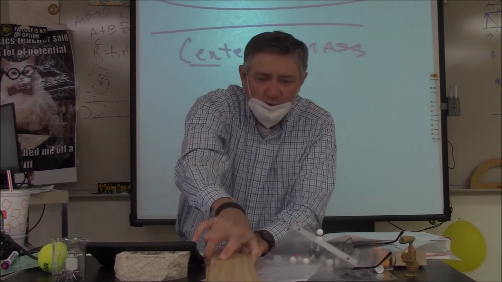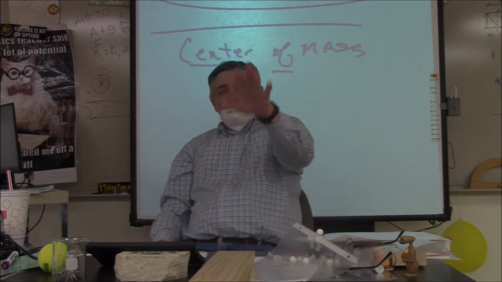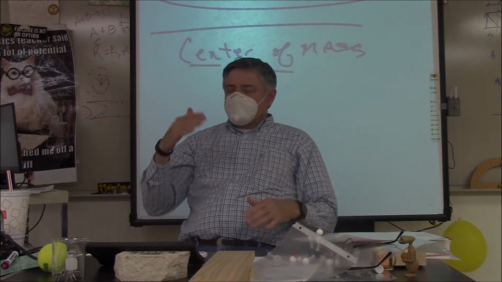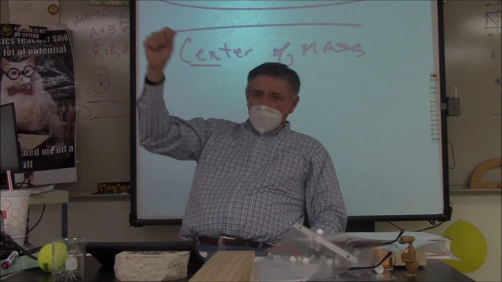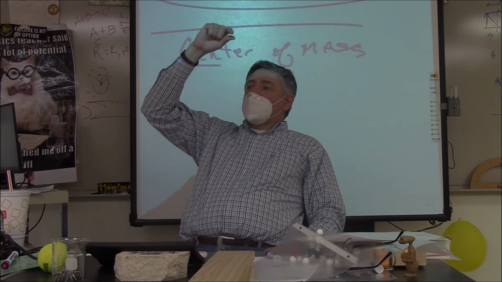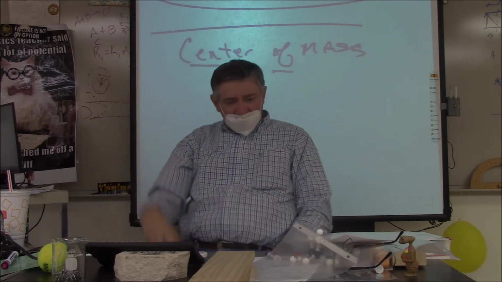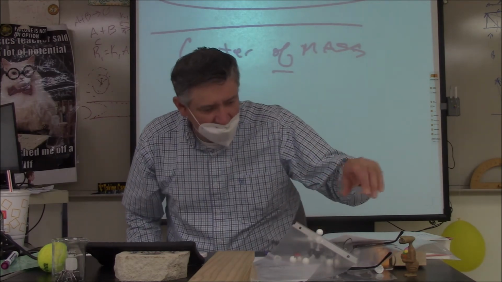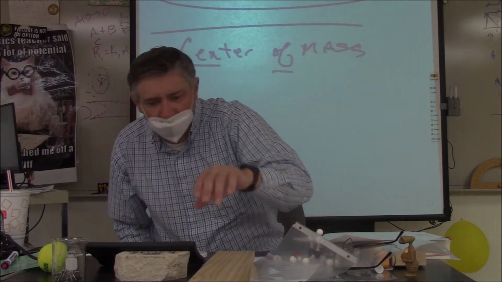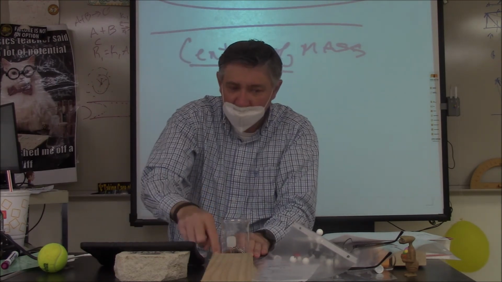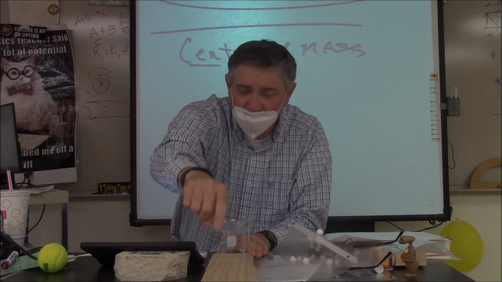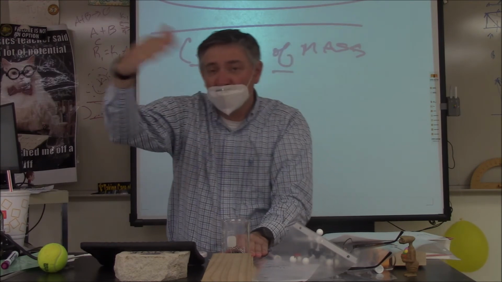So here's what you have. All this is showing you is that the center of mass is dependent upon two things. It depends upon where the mass is and what the value of that mass is. Because if I take, I don't know, this beaker and put it back here, now what's going to happen to the point where that goes before it tips over?